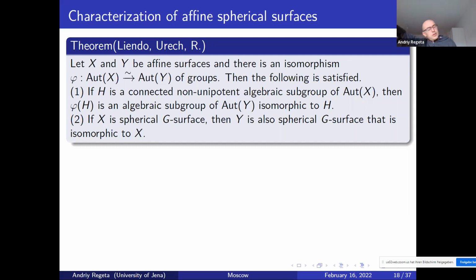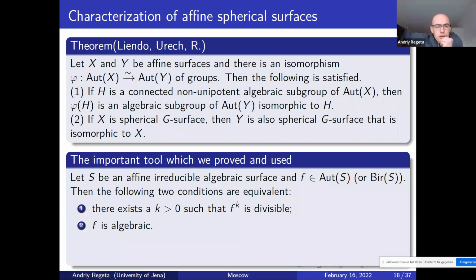So this just determines a spherical affine surface by its automorphism group. The main ingredient of the proof is the following statement.